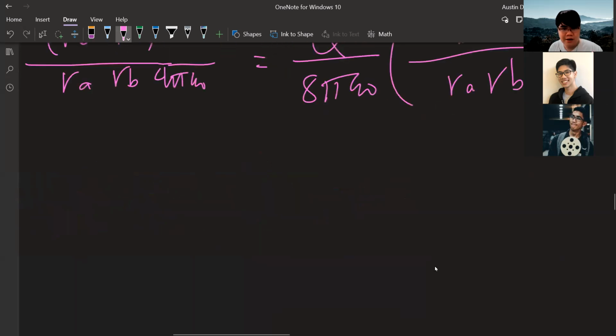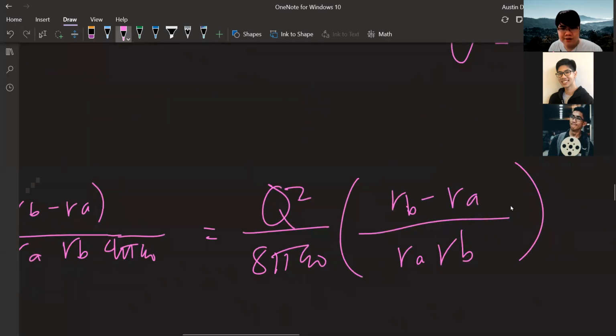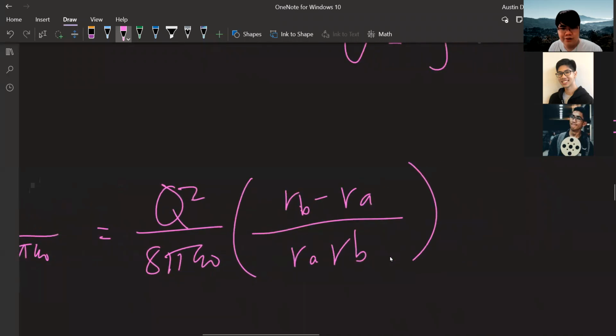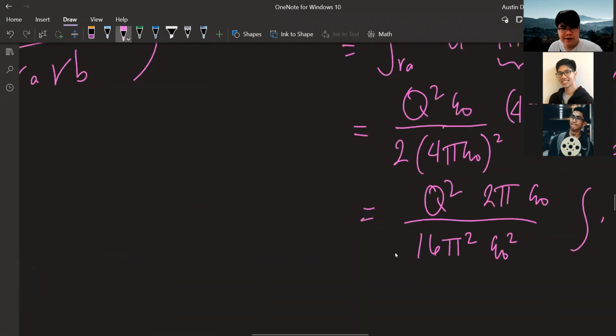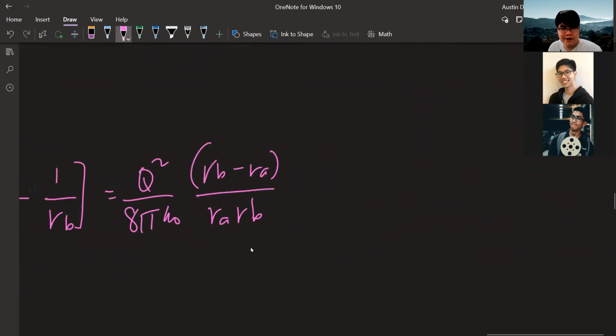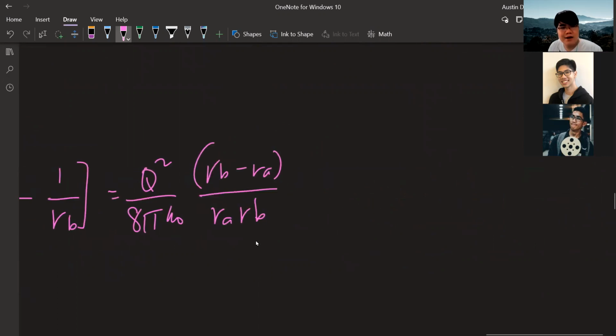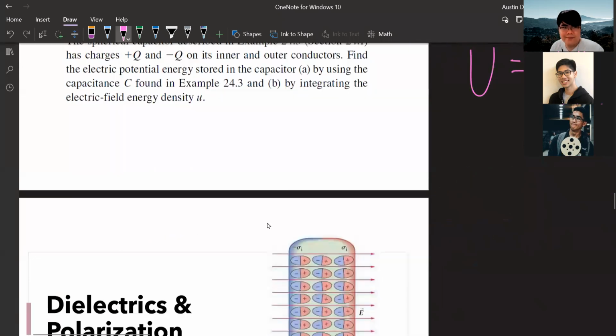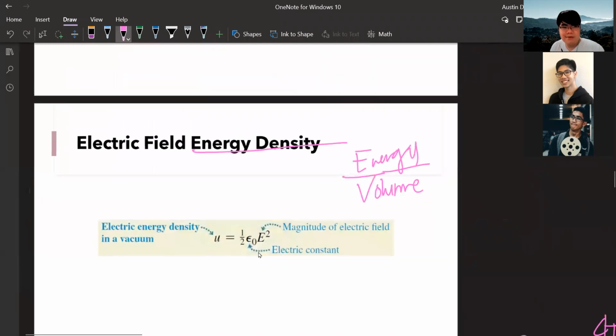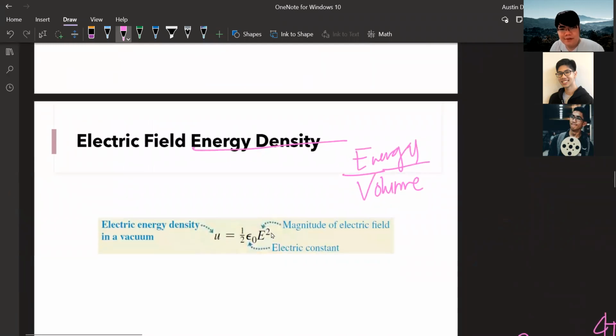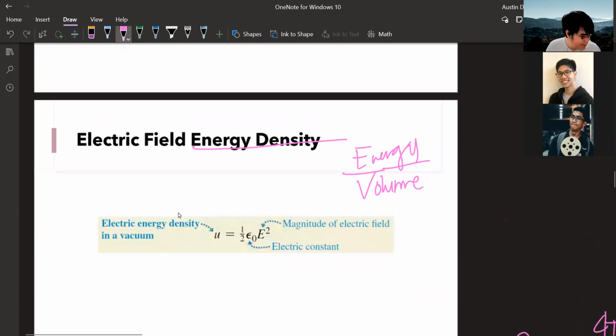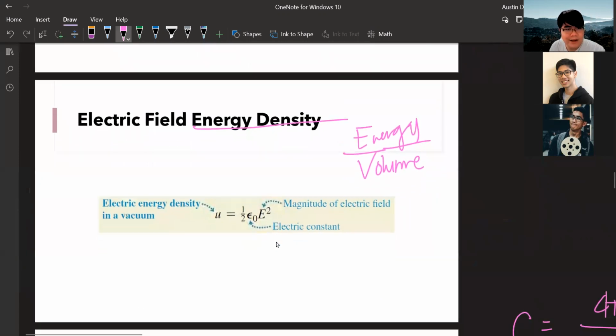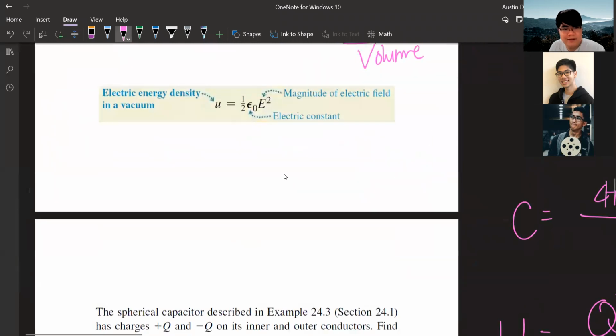Is that what we got? RB minus RA over RA RB. Okay, same naman nakuha natin. Nice. Okay, so same lang sila. So that's it for the electric field energy density.